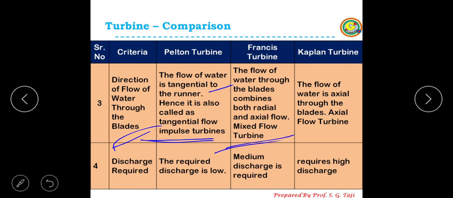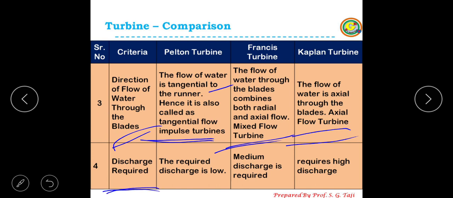Whereas Kaplan turbine, the flow of water is axial through the blades. That's why they are known as axial flow turbine. Pelton wheel is tangential flow turbine. Francis turbine is mixed flow turbine. Kaplan turbine is axial flow turbine.